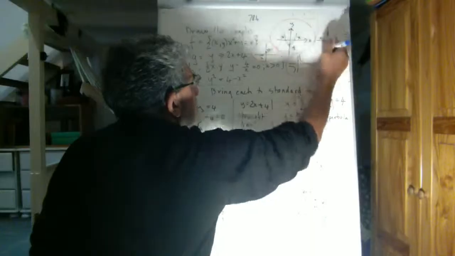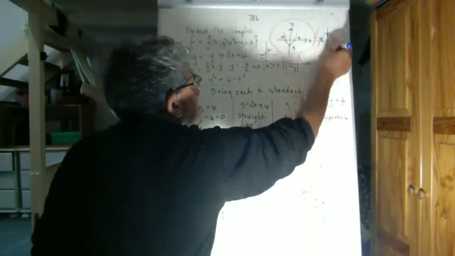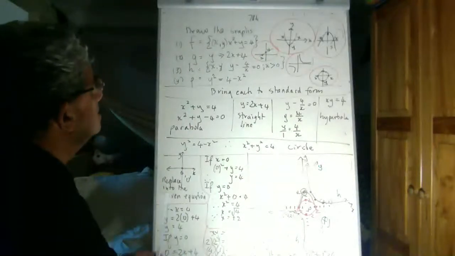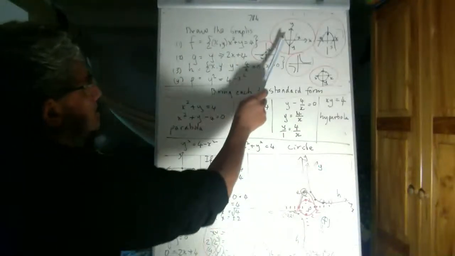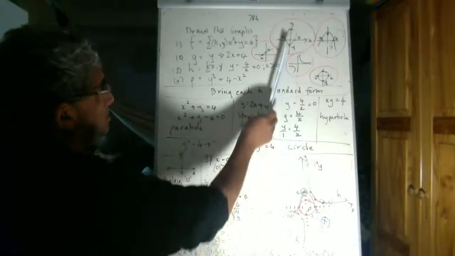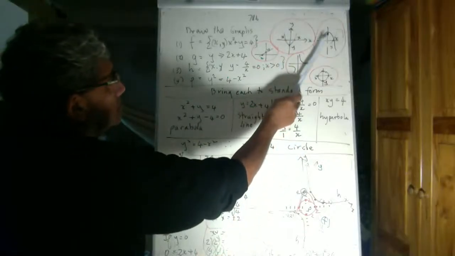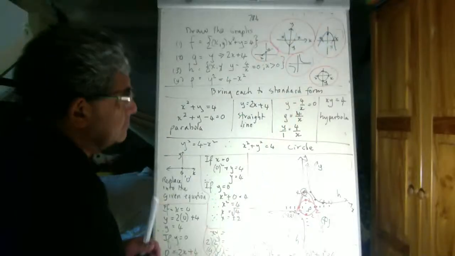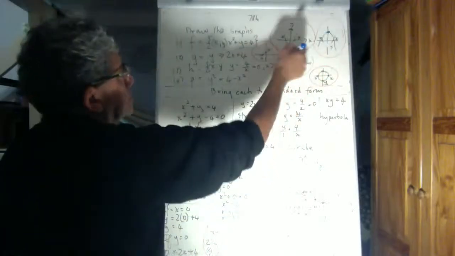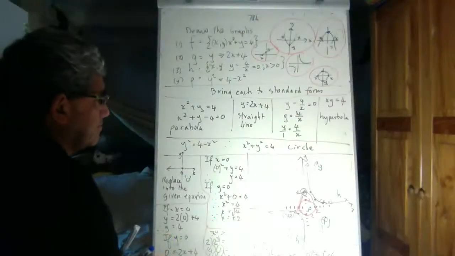We don't know exactly, but we can figure it out more or less. Can you see it there? So this one has two x's and one y. There's one y point and two x points. Either it can go up or it can go down.